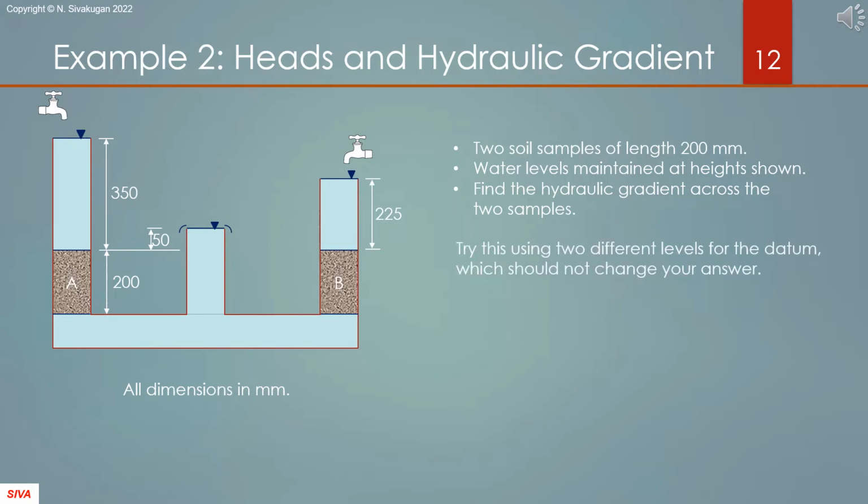Without any calculations, you should realize that the total head losses across the soil samples A and B are 300 mm and 175 mm, respectively.